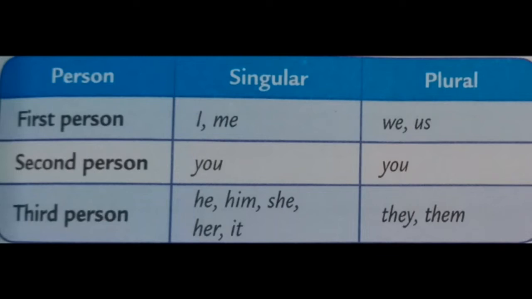Here he, him, she, her, it are third person singular. They and them are plural in third person. So the pronouns I, we, you, he, she, it and they are used as subjects of a sentence.